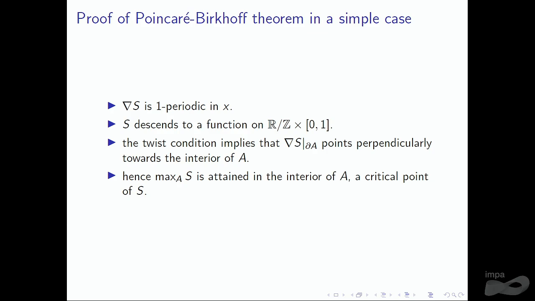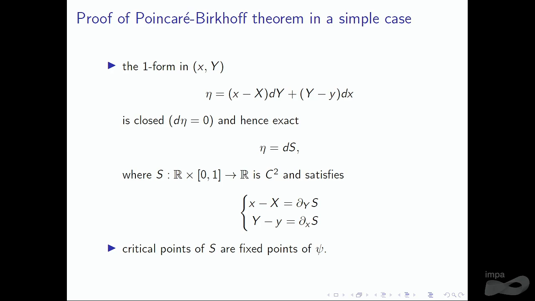Because of the twist condition, let's consider the lower boundary. So here this is 0 because y is preserved. So this guy here is 0. This means that the derivative of s with respect to x is equal to 0. But because of the twist condition, the points on the lower boundary move to the left.